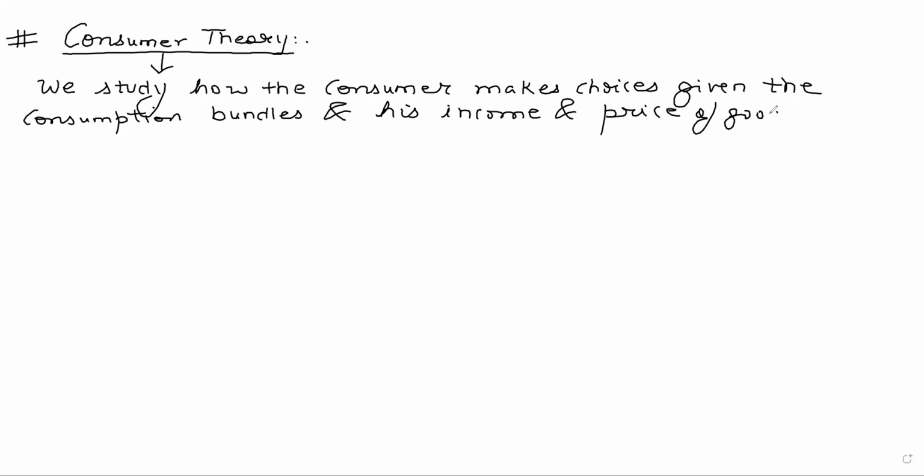So the key interest in consumer theory is to find out how consumers make decisions regarding how much of the goods to buy given their constrained income and the fixed price of the goods.